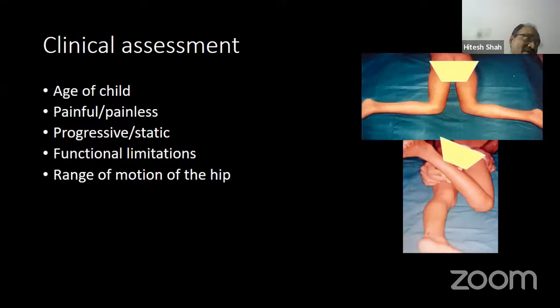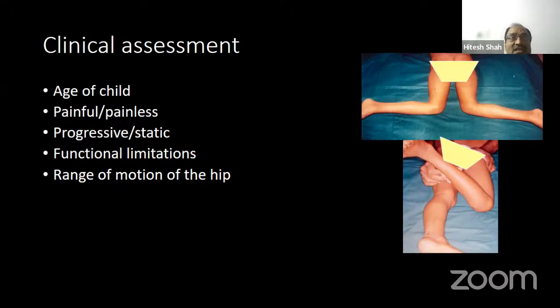For the clinical assessment, there are many tests like the telescopic test and Trendelenburg, but the most important test for diagnosing coxa vara is the range of motion. The important clinical assessment for the postgraduate is that adduction is more than abduction.